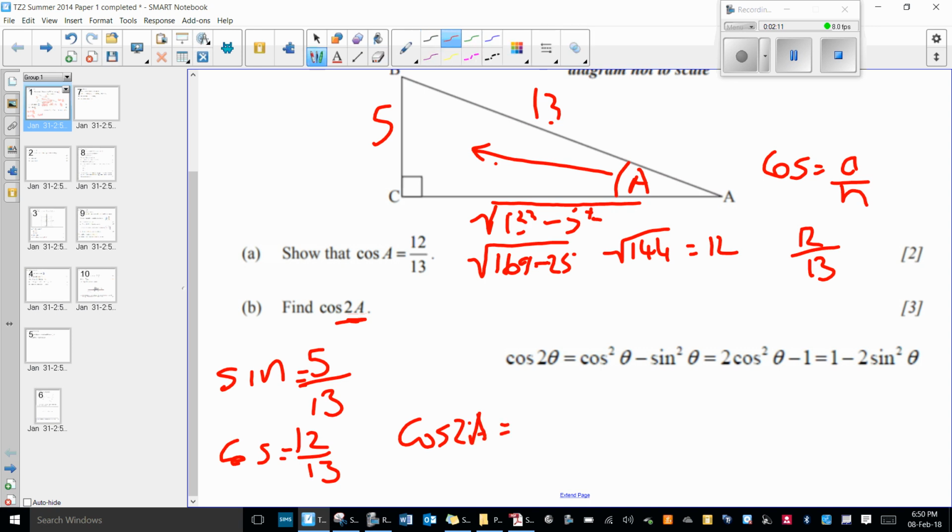So cos squared, so that would be 12 over 13 squared minus sine squared, which is 5 over 13 squared.